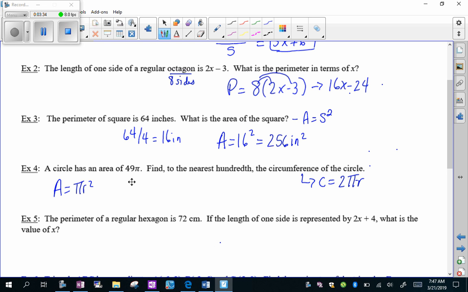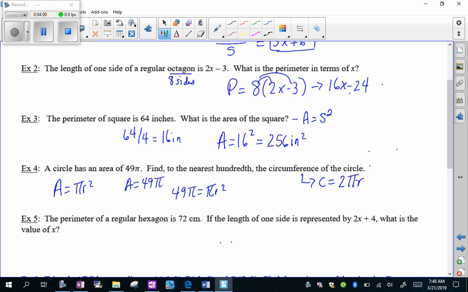So my area equals 49 pi. So I want to find the radius. So let's plug in. I'm going to have 49 pi is going to equal pi r squared. Again, looking for that radius.